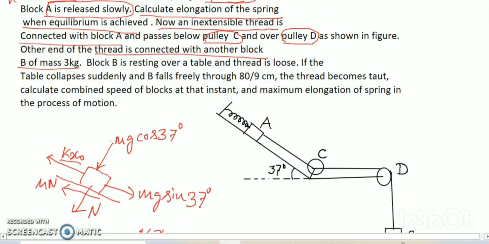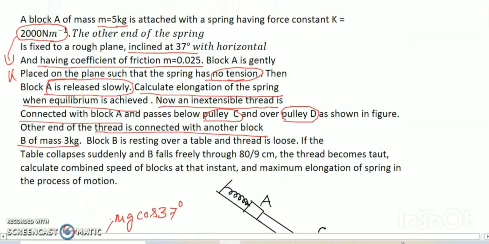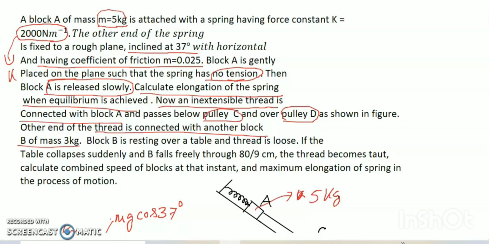Because the mass of A is equal to 5 kg, and mg cos 37 degrees gives 40 N. This is my normal reaction. So the total normal reaction is equal to 40 N.